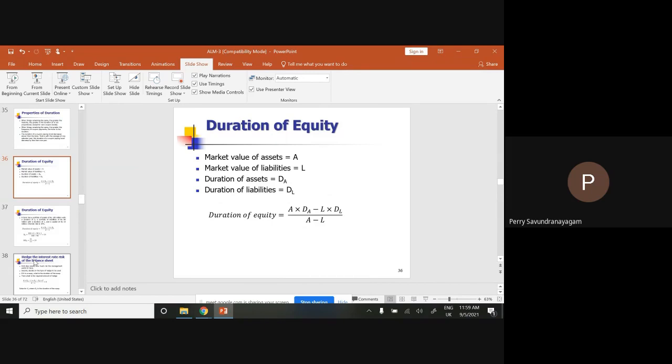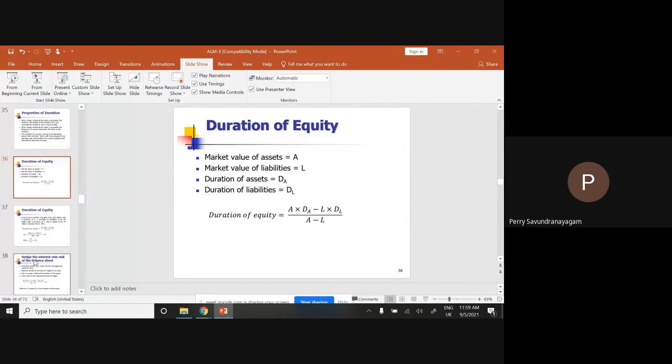Purely for academic reasons, how you calculate it is mentioned here. I think it's good to know, but it's not going to be something that I will be keen to test you on because it's a bit more complex. And I would think very few institutions locally, at least from the banks, will look at it because very few people actually trade on the managed equity portfolio like that.